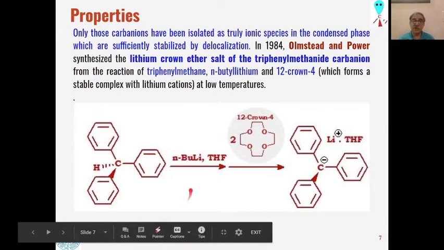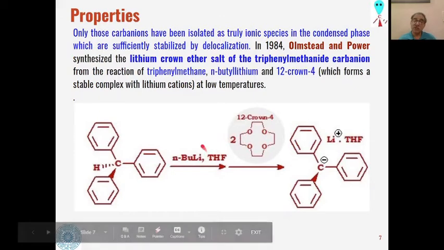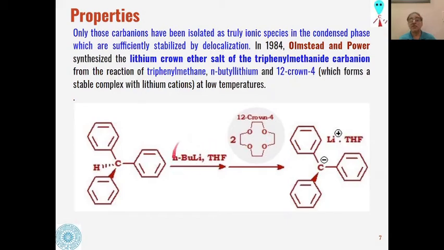For example, take triphenyl methane and react it with n-butyl lithium in the presence of tetrahydrofuran as the solvent, and the crown ether 12-crown-4 as a reactant, which acts as a phase transfer catalyst and forms a stable complex with the lithium ions present in the butyl lithium. So n-butyl lithium is a very strong base.